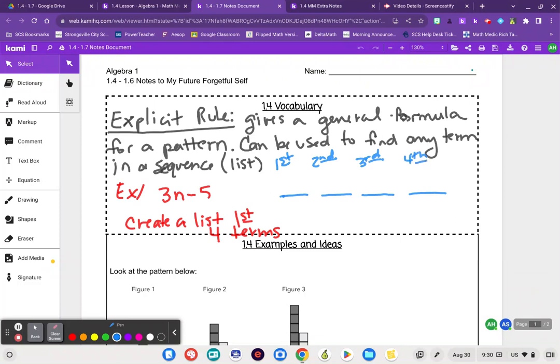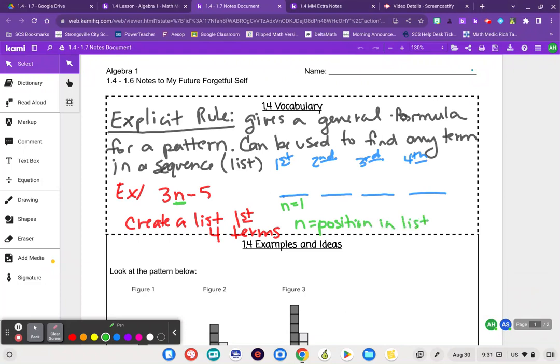What that means is when I say the first number, second number, third number, fourth number, I have this n in my formula, and this n represents the position in my list. So n equals position in the list.